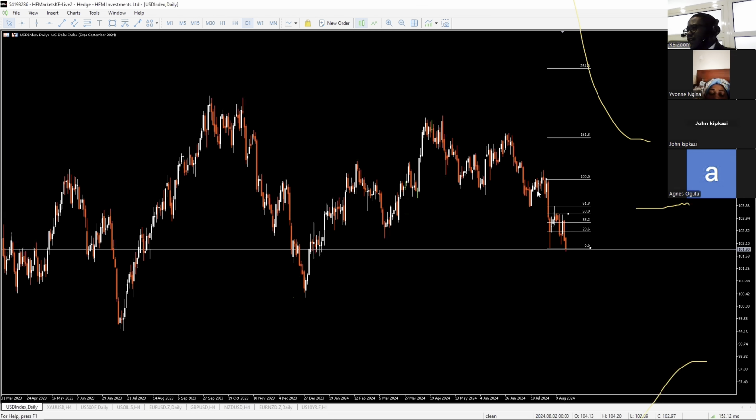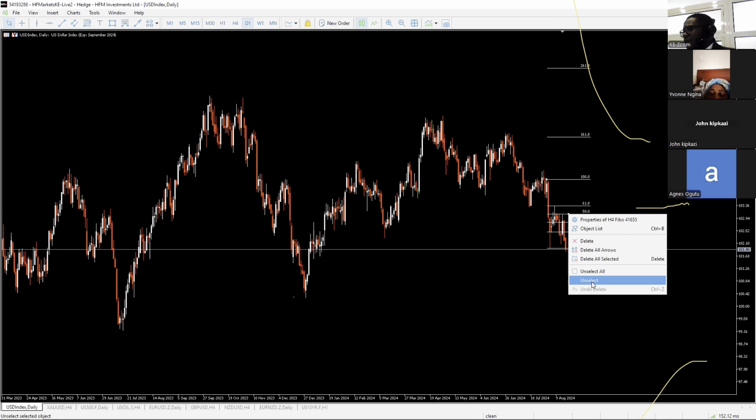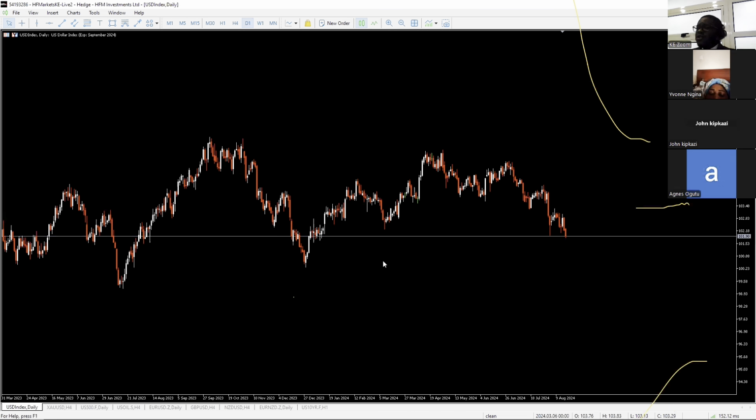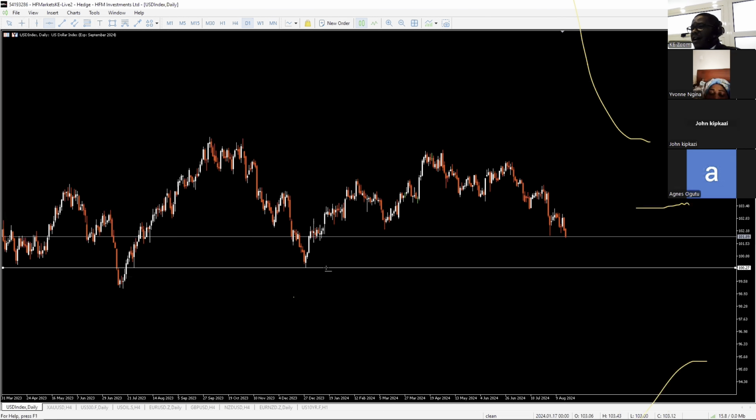It's good to understand what is driving price, what is the catalyst behind this downtrend, so that when you're following markets, you can tell when the catalyst is no longer there, and therefore the market can be poised for a reversal, switching from the downtrend to an uptrend.